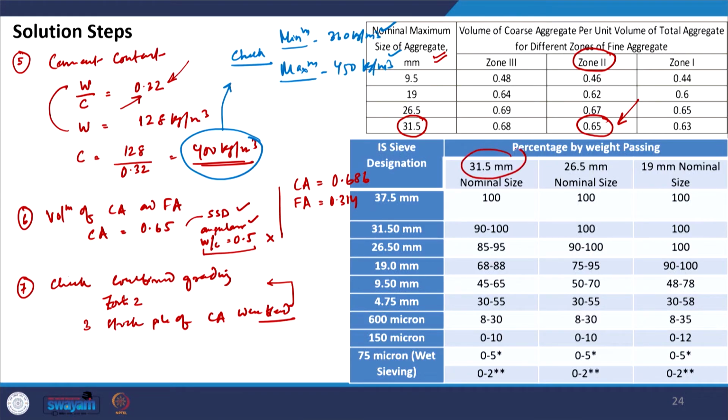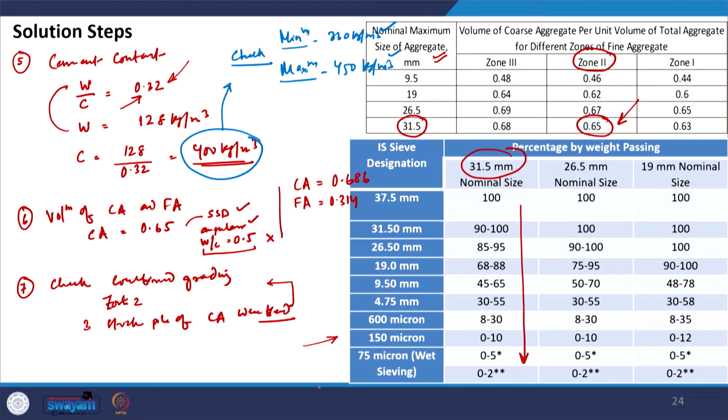So, we will have to see the gradation corresponding to the nominal maximum aggregate size of 31.5 mm, and we have to ensure that our gradation falls here. If let us say our gradation does not fall here, then we have to do some adjustment in the volume of coarse aggregate and fine aggregate, and we have to come within this particular range.